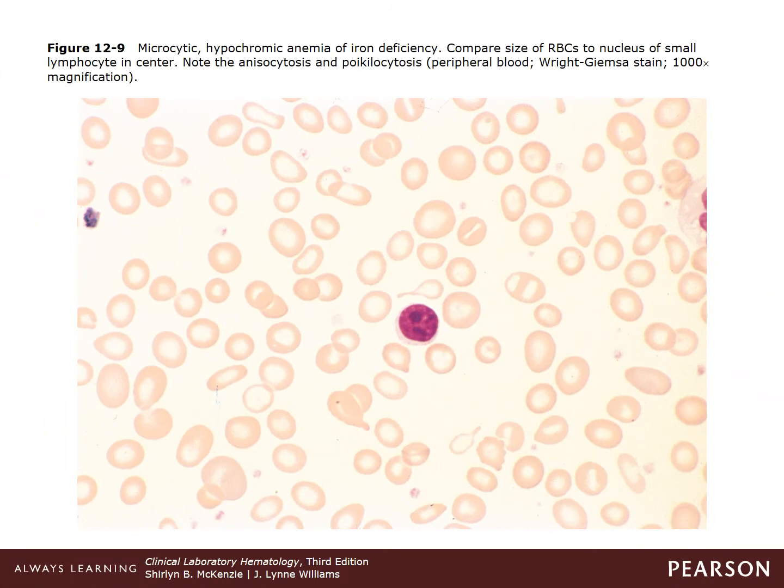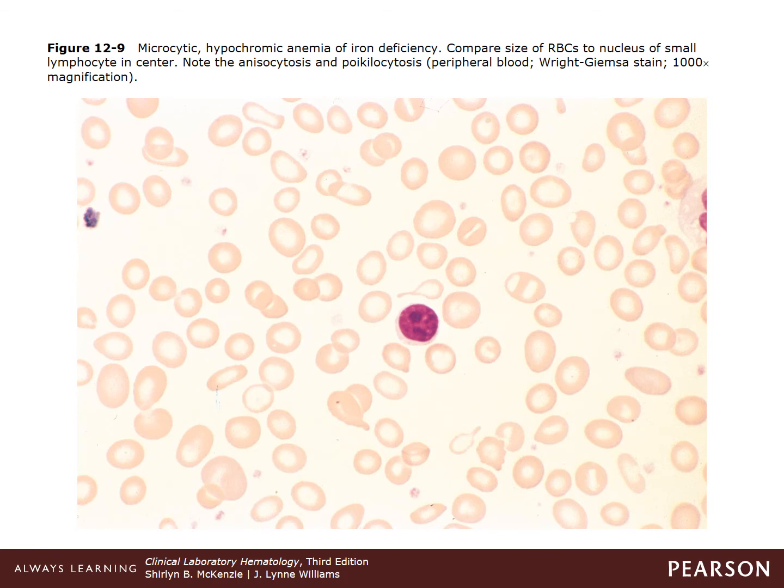Now let's look at the laboratory features of a patient with iron deficiency anemia. In this picture, this is either a stage 2 or stage 3 individual that has a lot of hypochromasia within the cells and a lot of microcytes. Here the MCV might be between 55 and 74.